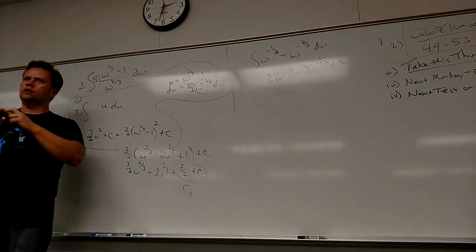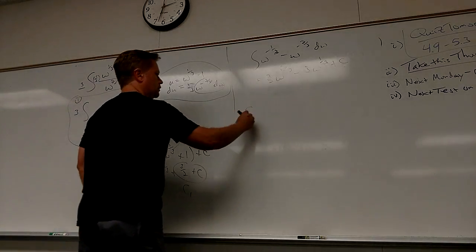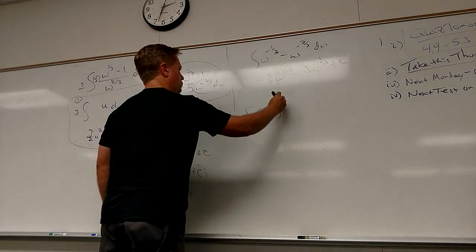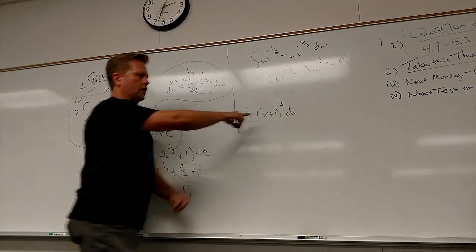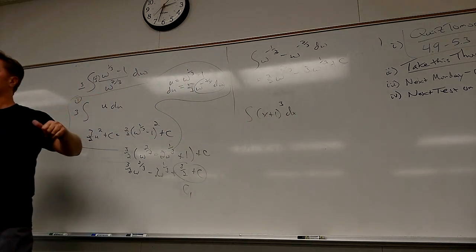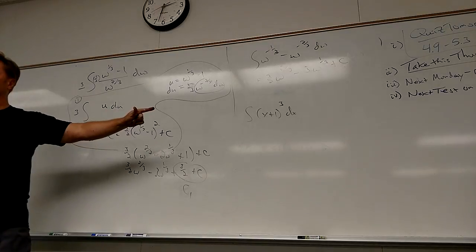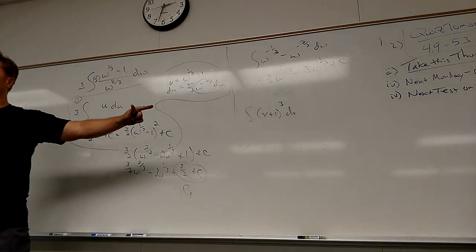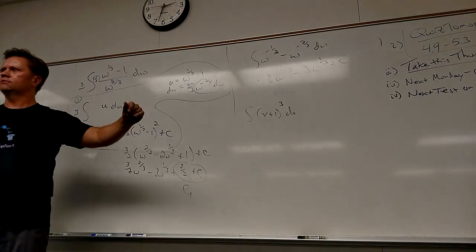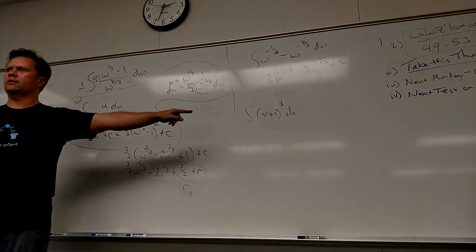Okay, I like it. It's related to, if I said integrate this, how do you integrate that? The inside function is linear with slope 1, so it's the same as x cubed then.